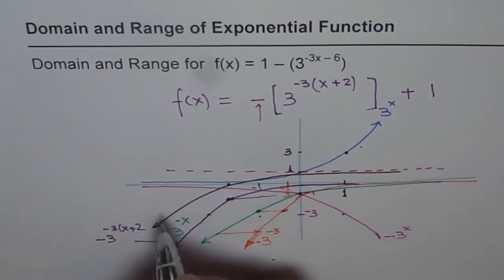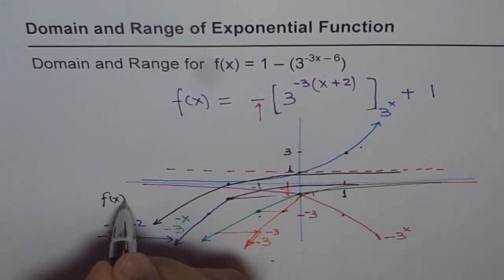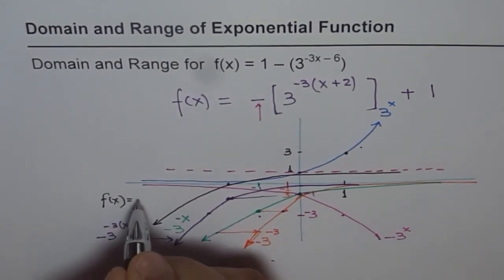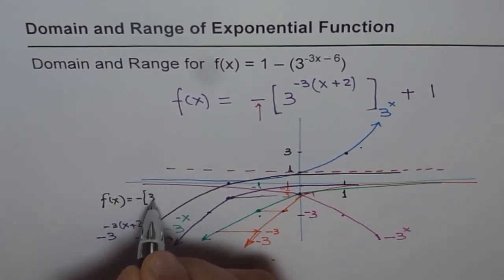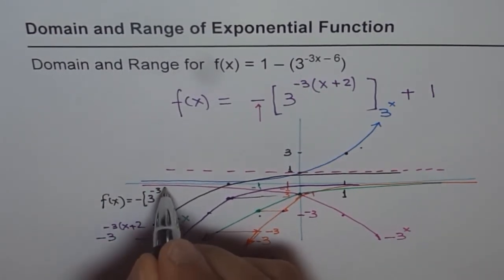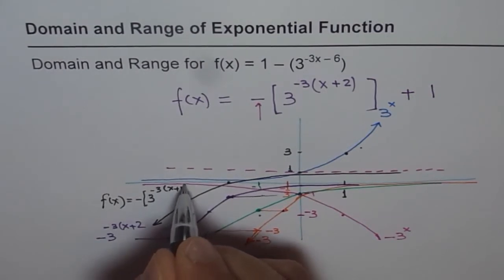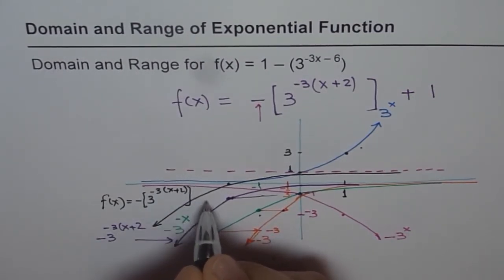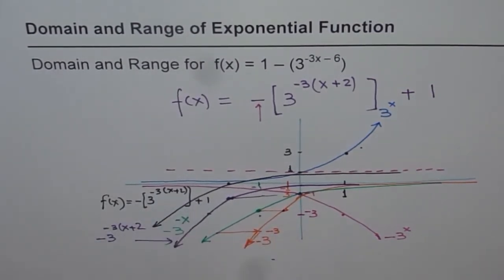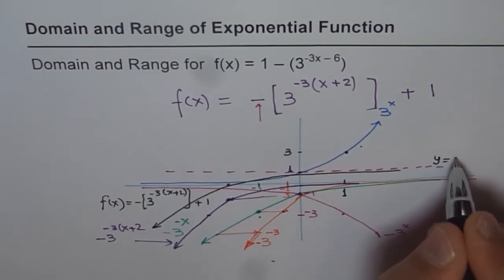And that is the function f of x, which is minus of 3 to the power of minus 3x plus 2, plus 1, right? And this is y equals 1.